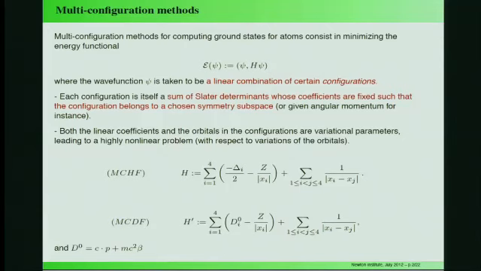Of course, in the non-relativistic case, the method is called MCHF, multi-configuration Hartree-Fock. In this case, the Hamiltonian is the usual Hamiltonian for a system of N electrons near a nucleus of charge Z. In the relativistic case, what we do is replace the Schrödinger operator by the Dirac operator.